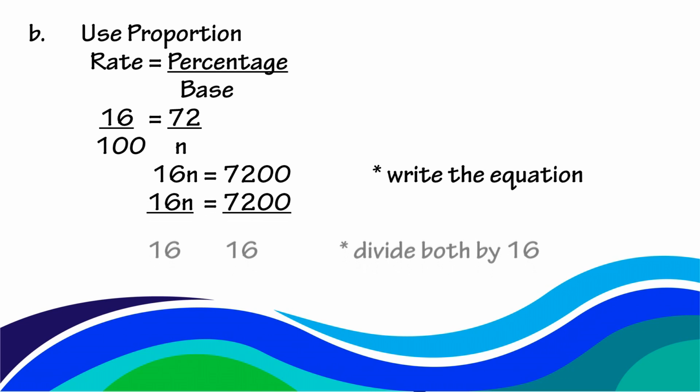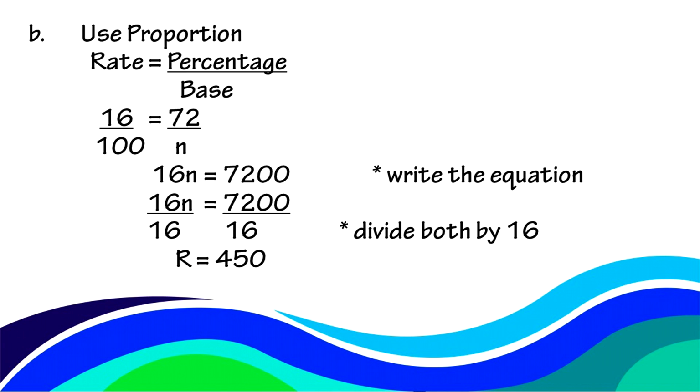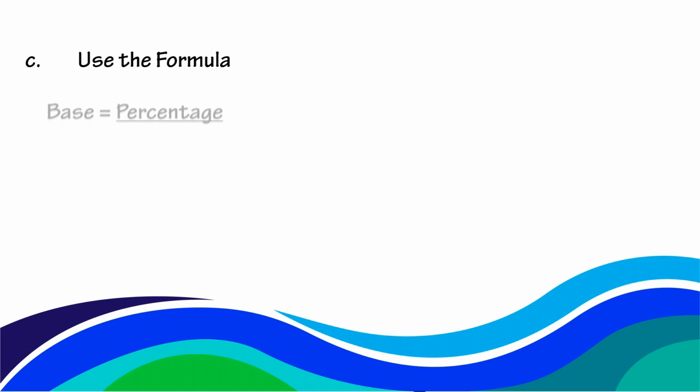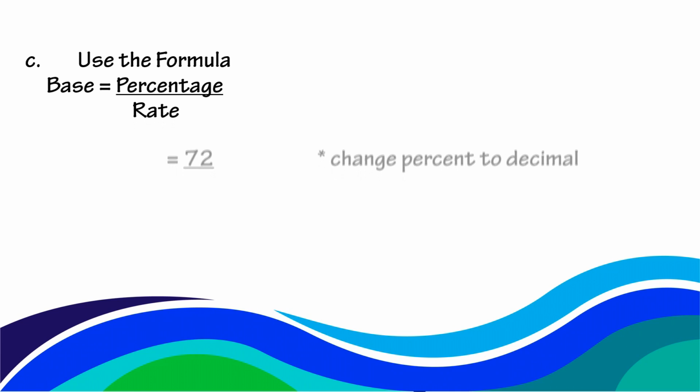Then write the equation: cross multiply again, 16 multiplied by n is 16n, and 100 multiplied by 72 is 7,200. Then divide both sides by 16. So, 16n divided by 16 is n, and 7,200 divided by 16 is 450.